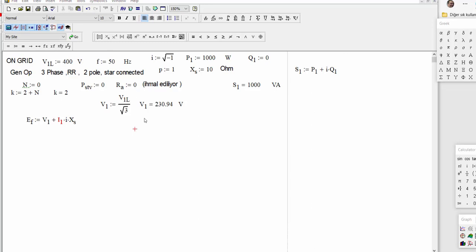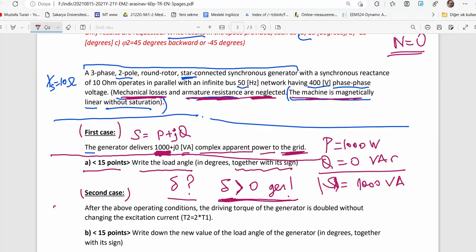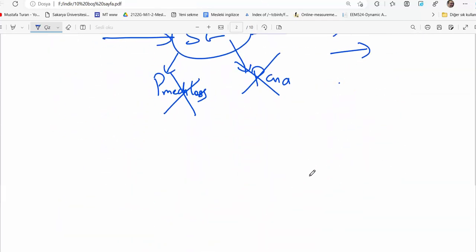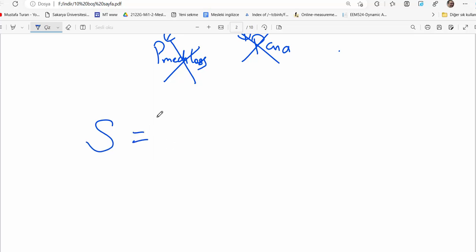Houston, we need current, but we don't know current. But again, it can easily be calculated because the apparent power is given here. It is equal to square root 3 times line to line voltage and line current.